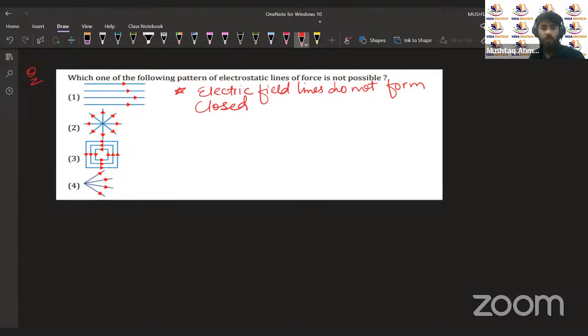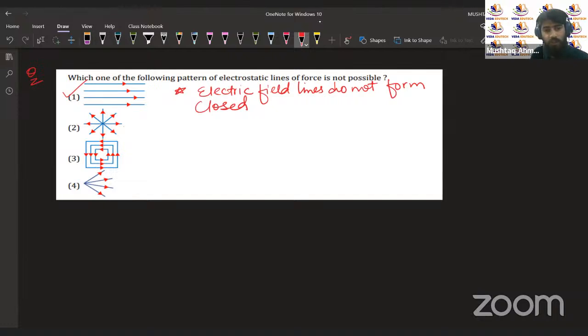We can see in option number 1, the loops are not closed. This is a uniform electric field, so this is a possible electric field. And option number 2 represents the electric field due to a point charge, sorry, not line charge.